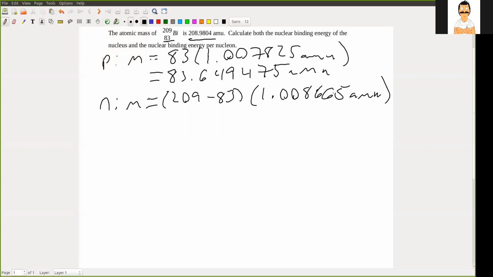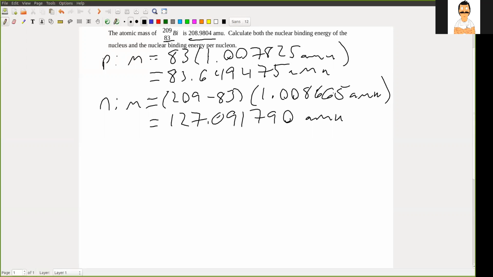These are values that are available in your textbook. Now 209 minus 83 gives us 126. So 126 times 1.008665 gives us 127.091790 AMU.